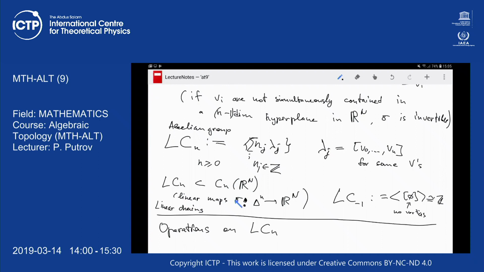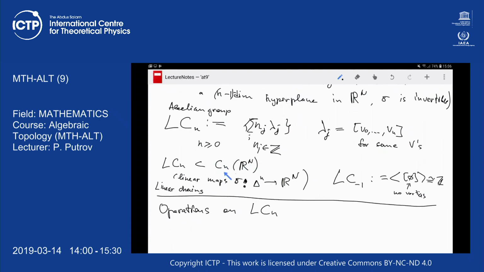These are arbitrary chains, or arbitrary maps from delta M to Rn, but here we can just consider linear maps. And again, the linear maps are completely determined by the images of the vertices, and these images of the vertices we denote by these.